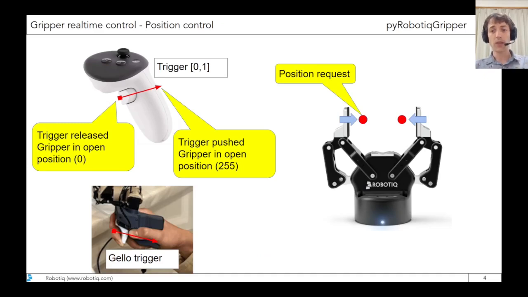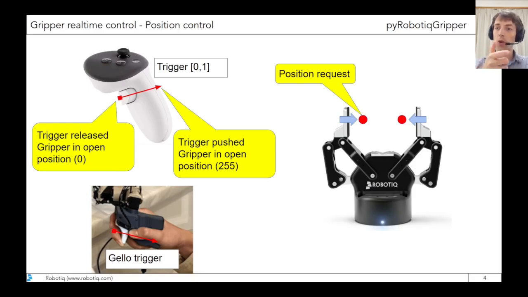There are two ways to do real-time control of the gripper. One way is to control the gripper in position. To do that, you will use a controller, like a trigger controller, that has a range from 0 to 1.